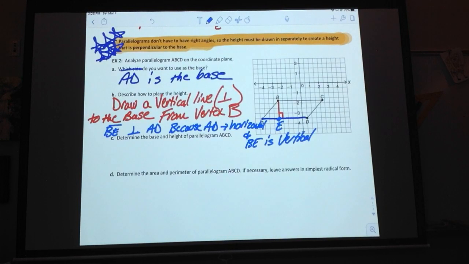If it was slanted at all, if AD was slanted like AB is, see how AB is slanted? If AD was just like AB, I would not have been able to draw this in, okay?